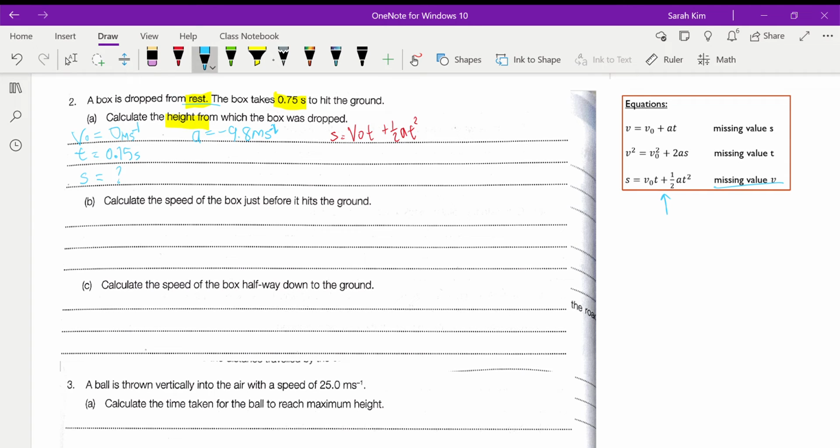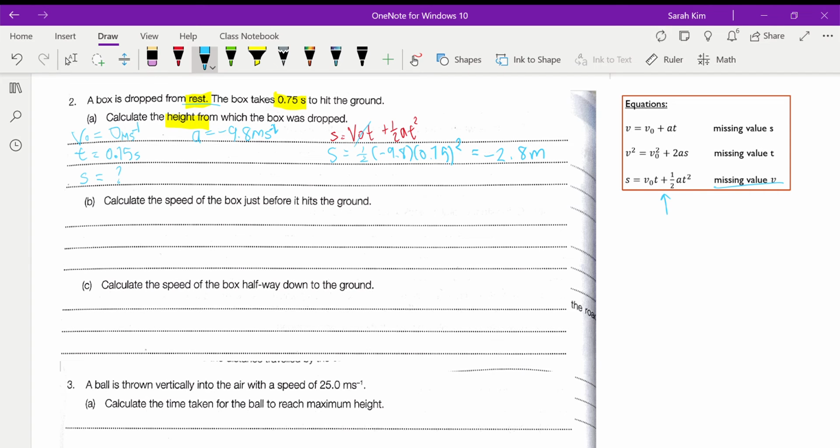Alright, so let's sub those values in. s is going to be v0, which is 0, so that cancels out. Half a is -9.8. My t is 0.75 squared. If I put that in the calculator, that will give me -2.8 meters.